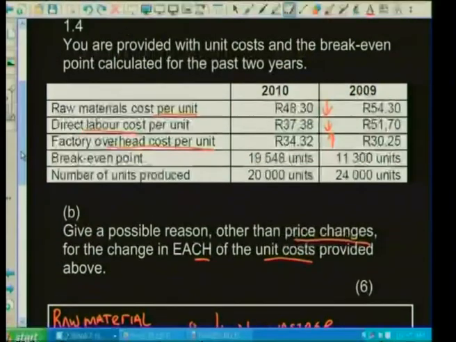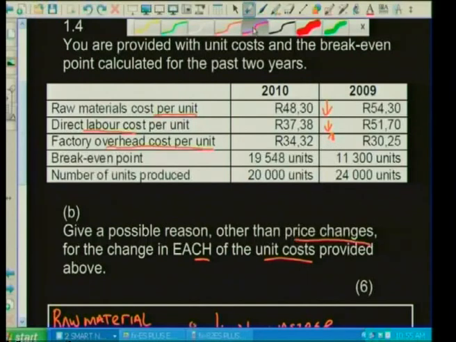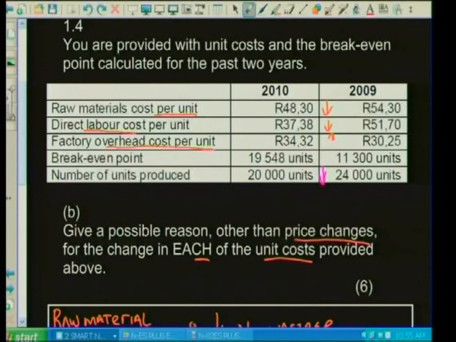Guys, another thing that we also need to consider in terms of why our factory overhead costs per unit increased is the number of units produced. Now remember, people, if your number of units produced decreased, like in this case, we were manufacturing 24,000 pairs of shoes and we've now manufactured 20,000, there's obviously been a drop in the number of units produced.